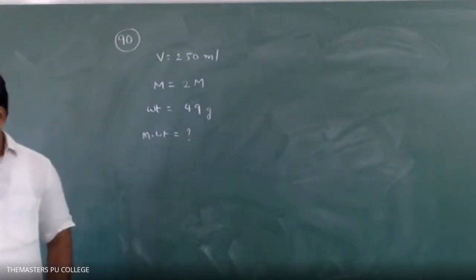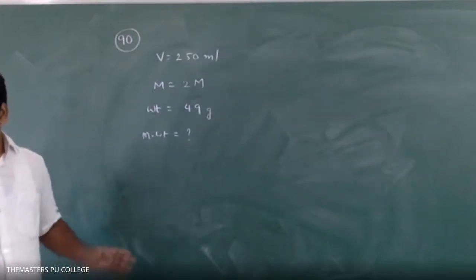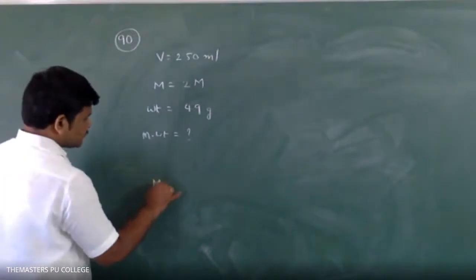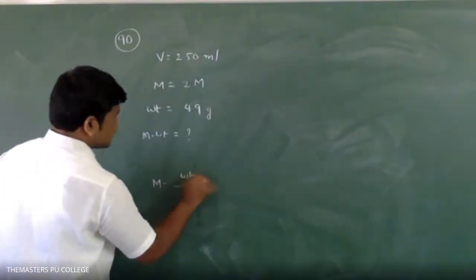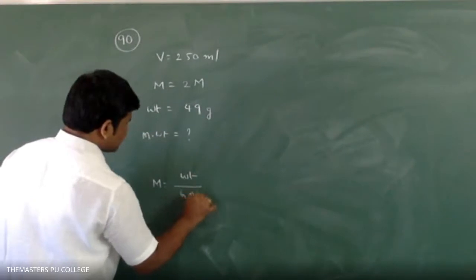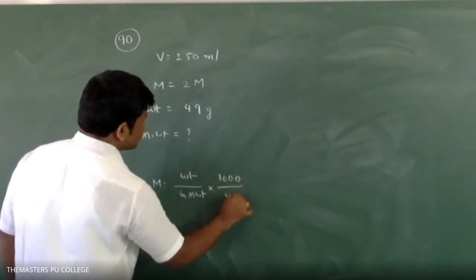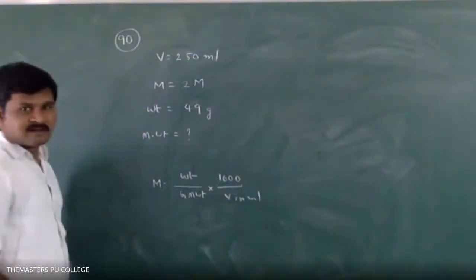What is the formula to calculate molecular weight? If molarity is given, molarity is equal to weight by gram molecular weight into 1000 by V in ml. This is the formula.